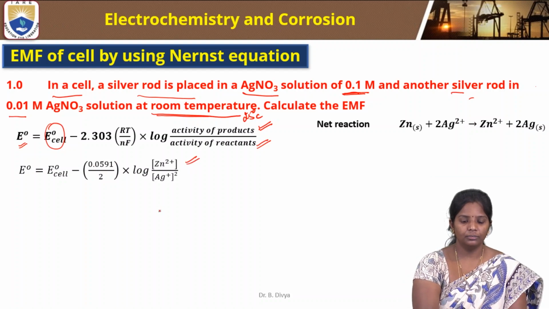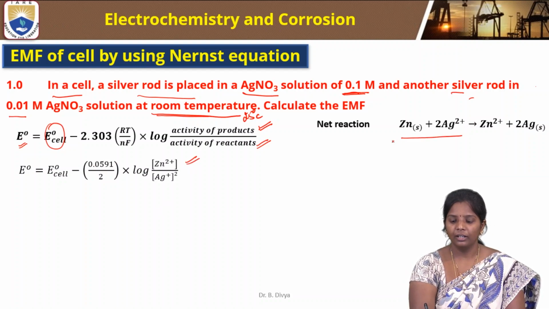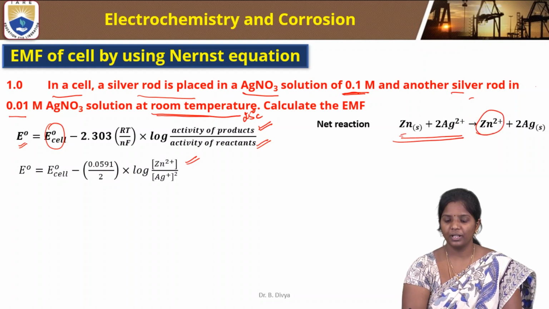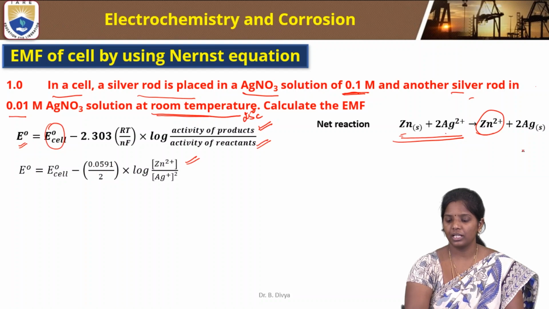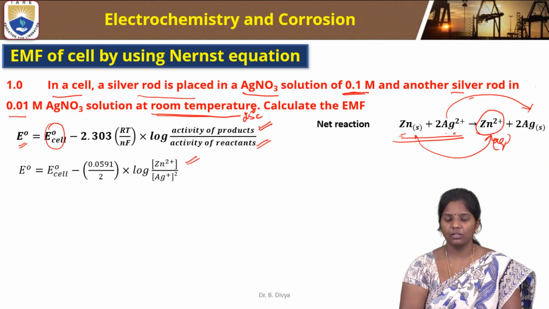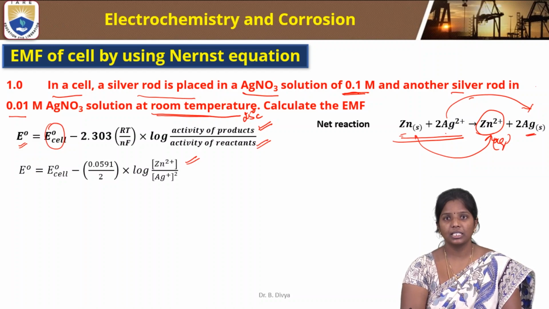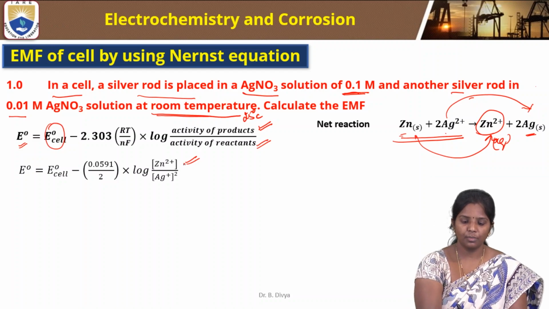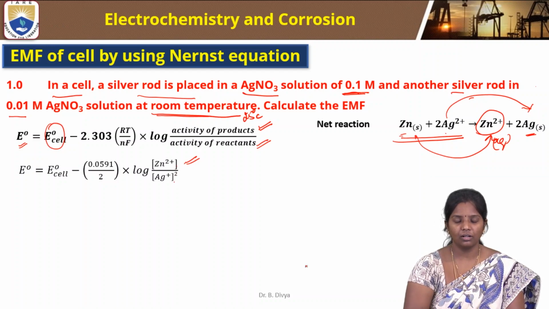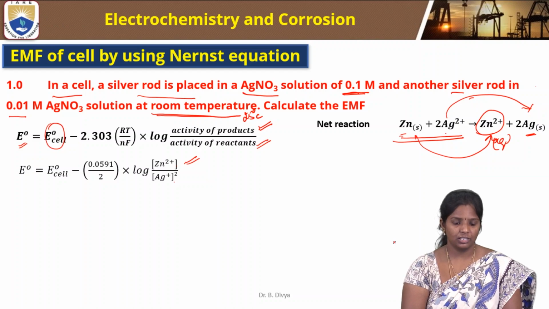In the reaction, zinc is becoming zinc 2 plus ions and the Ag 2 plus ions are reducing to Ag. The solid state goes to the aqueous state, and the aqueous ions convert to the solid state, where S is the solid state. So this is the product, and the concentration of product and the concentration of reactant are taken.